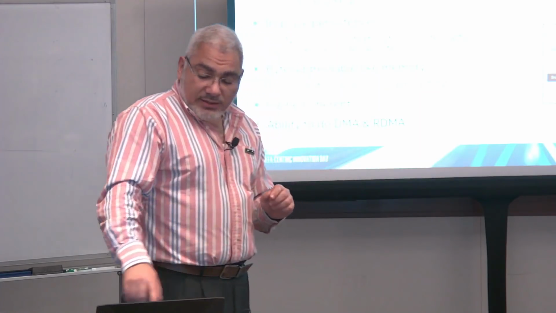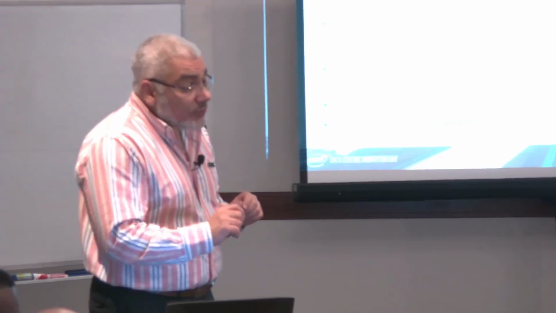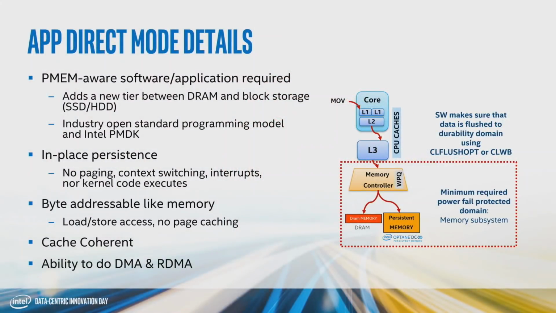So there is no difference. The only difference is that, as highlighted here, the software needs to use one of two instructions, which is CLFLUSHOPT or CLWB, to ensure that any writes that they have made that they want to be persistent get flushed out of the CPU caches. Because if it stays in the CPU caches and you lose power and it's dirty data, it's gone.